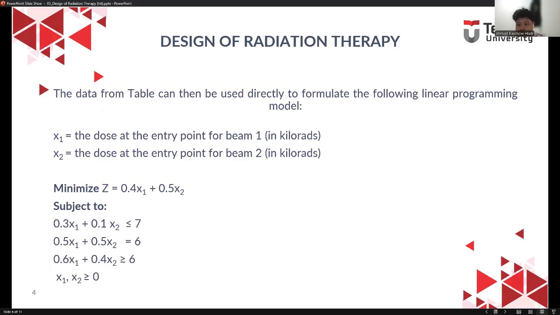The objective function is to minimize the total radiation absorbed by healthy tissue. Minimize Z equals 0.4 x1 plus 0.5 x2.